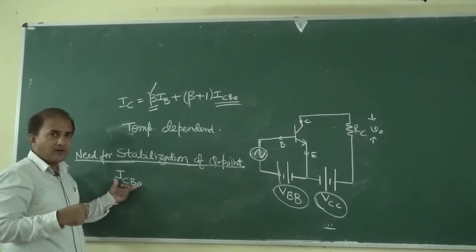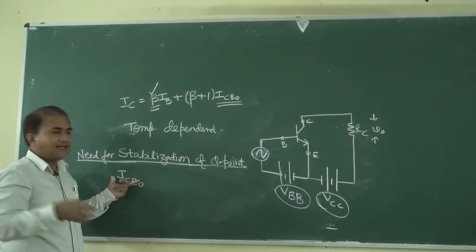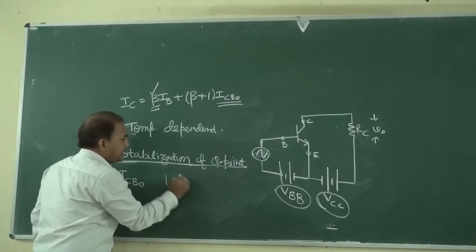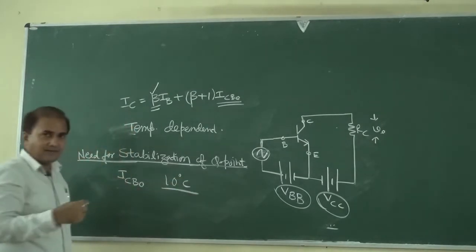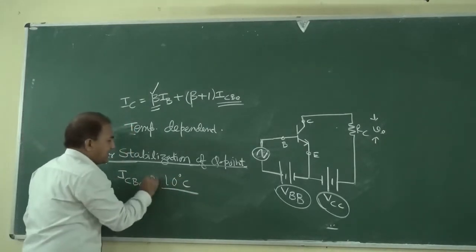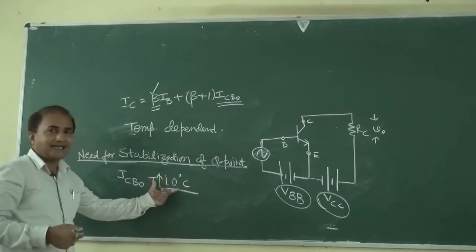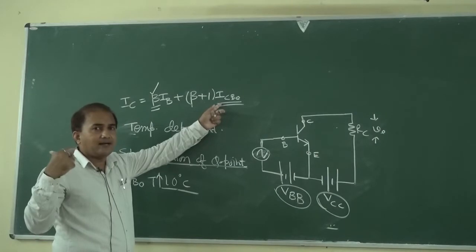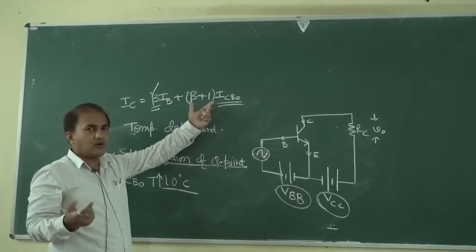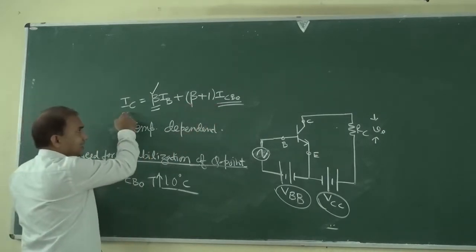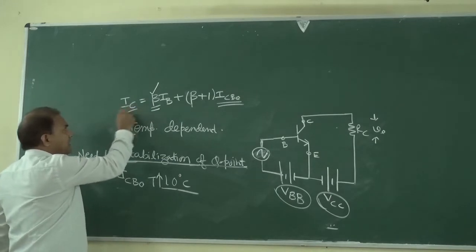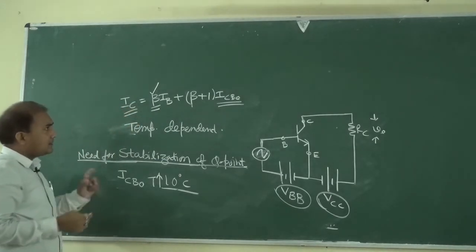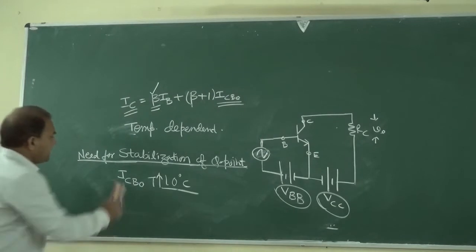Generally the value of ICBO doubles with approximately a 10 degrees centigrade rise in temperature. So if temperature increases by 10 degrees centigrade, then ICBO approximately doubles. So we can say that IC also depends on temperature. Then the third parameter is VBE.